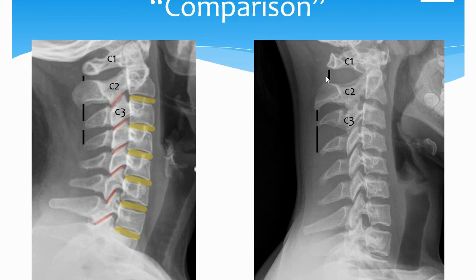You notice that the neck is bent forward, which opens up the distance between the spines and narrows down the distance between the anterior part, or the front part, of the vertebrae.